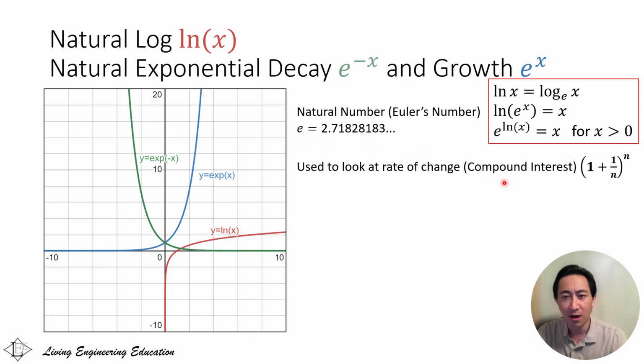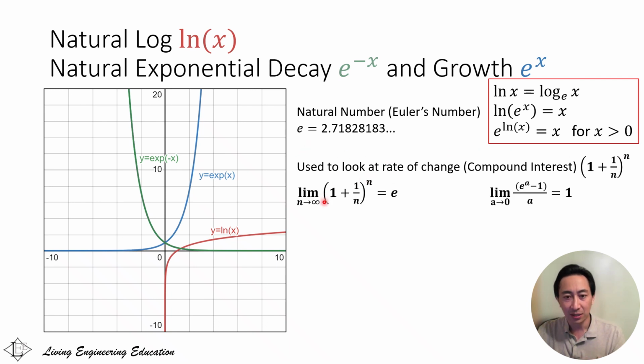The concept, which I'll briefly explain here, is that if you're looking at compound interest over a period of time and splitting up the interest into increments of that period, you can look at this as 1 plus 1 over n, to the power of n, where n is how many interest terms you have.